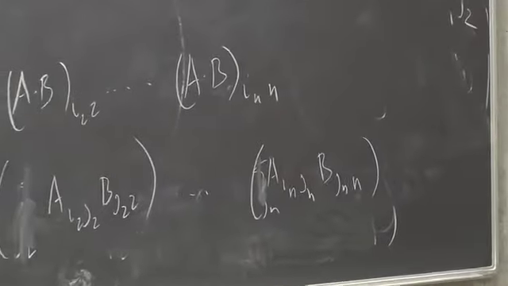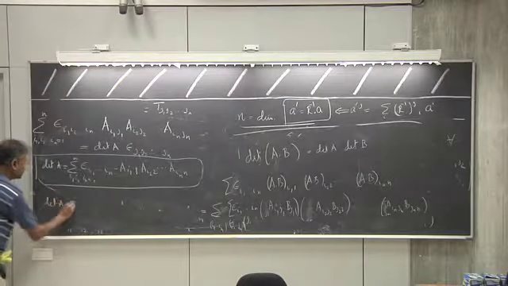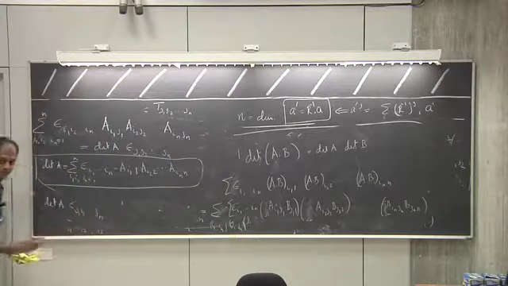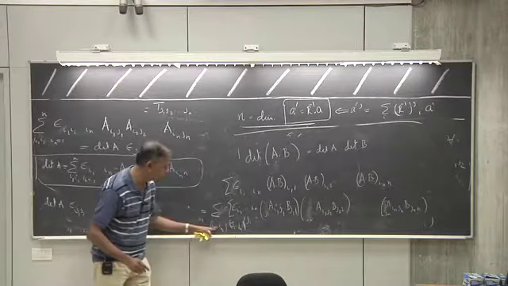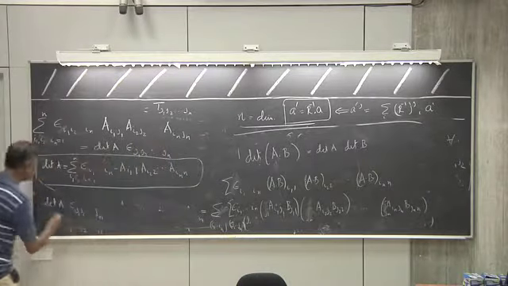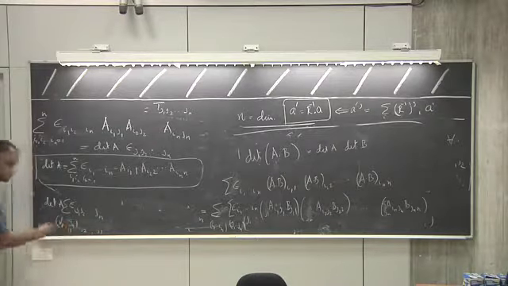This is equal to determinant of A times epsilon J1, J2 up to Jn. You see here I've summed over I1 up to In, so the remaining sums are simply the J's, J1 up to Jn. I have to sum over those.